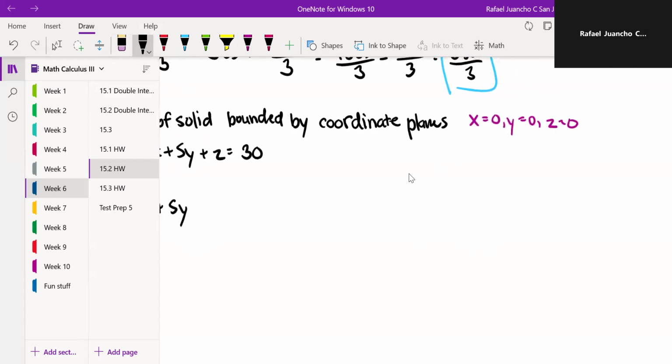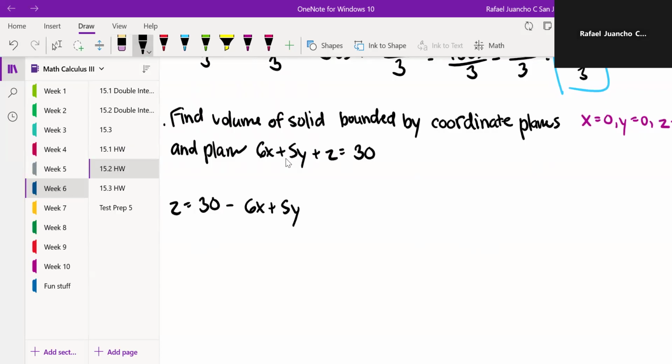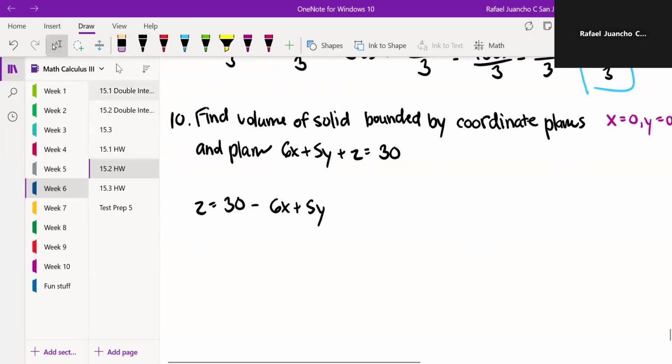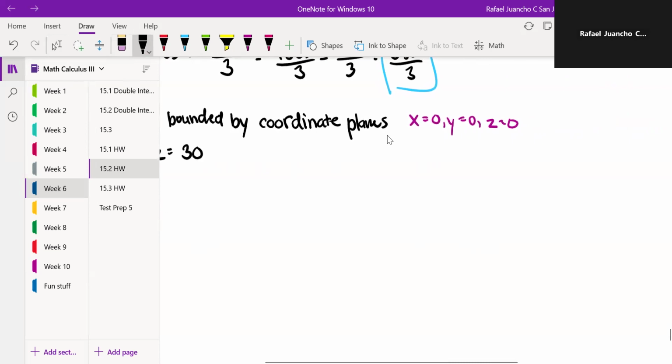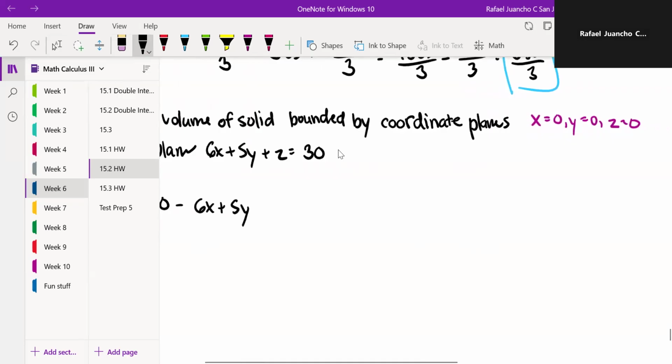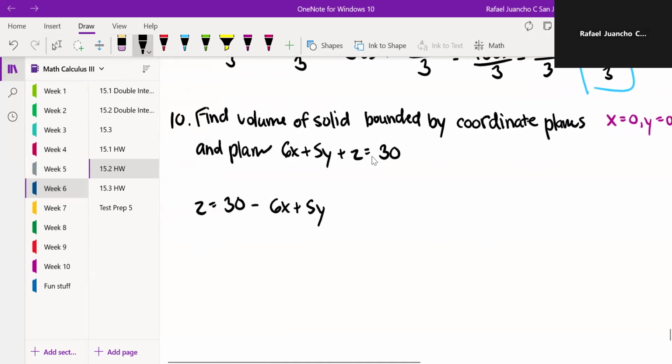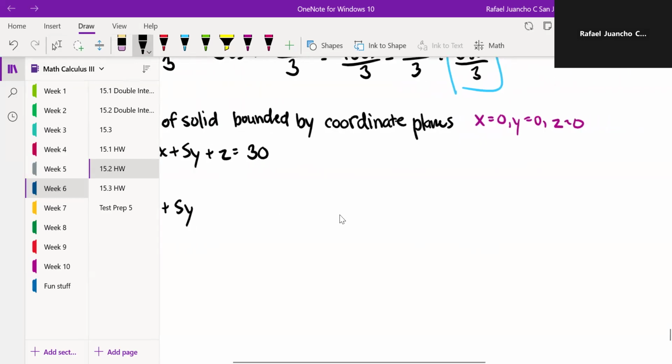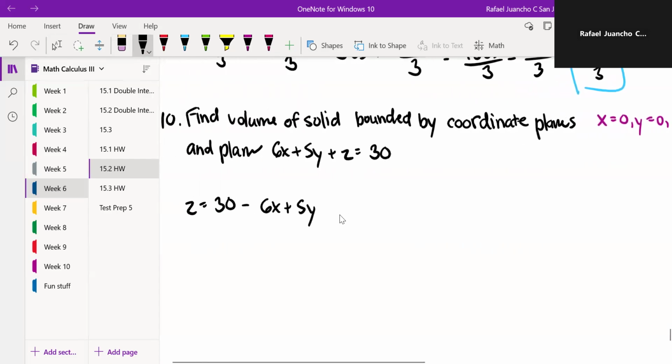Now maybe I would find some sort of connections here. And when x is 0, y is 0. Pretty sure that's a bound. z is 0. Plane is this. Okay. I could try to find something in terms of the other.